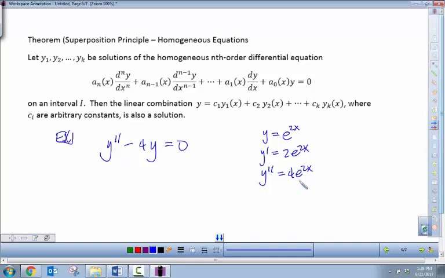So y double prime, that's 4e to the 2x, minus 4 times y. What's y equal to? E to the 2x. Equals 0. So this works. Let's put a box around that. Can you think of another function that might work?